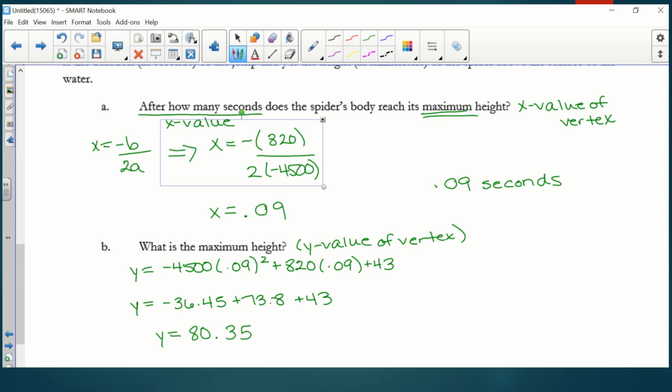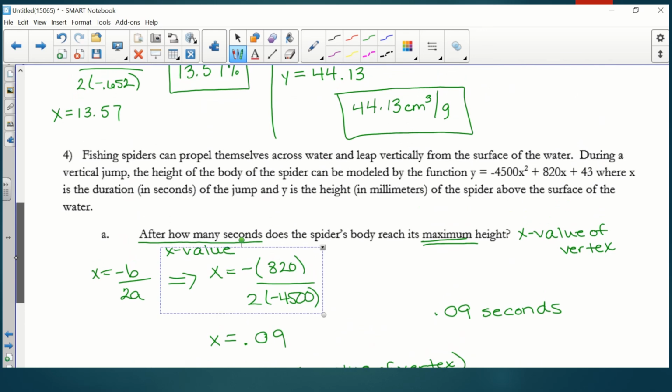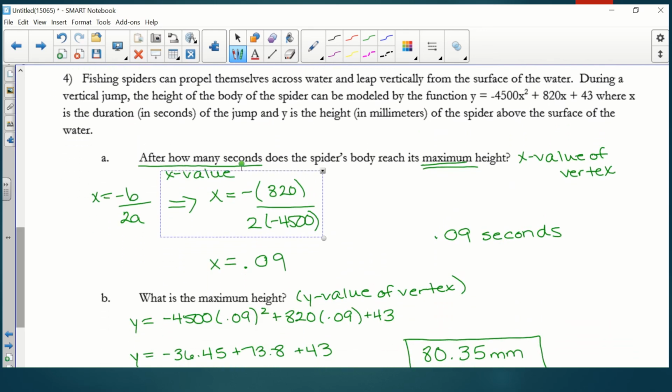All right, so the maximum height is 80.35 millimeters. So putting this all together, the fishing spider can propel itself 80.35 millimeters after 0.09 seconds.